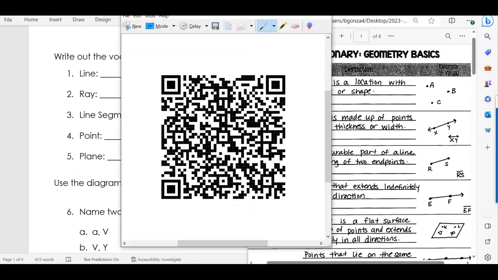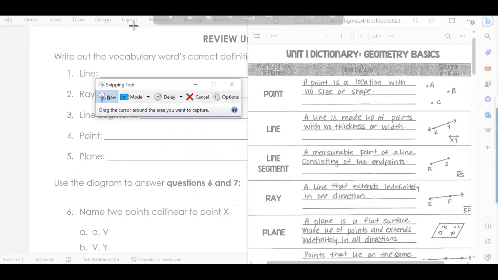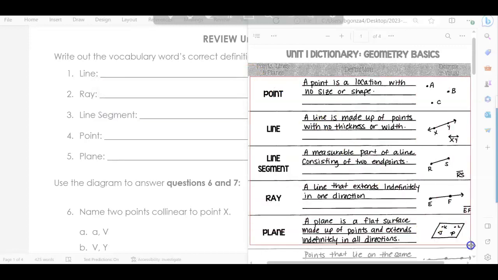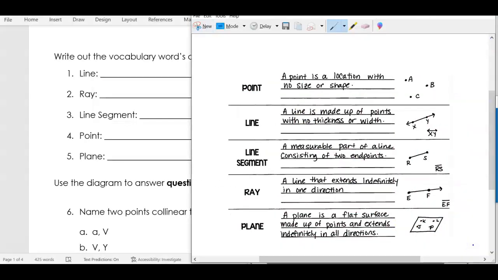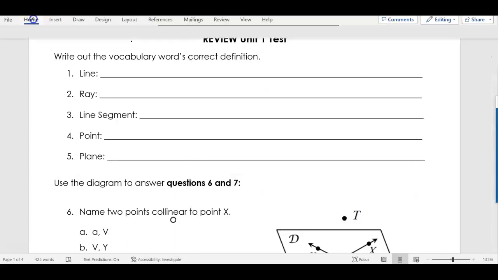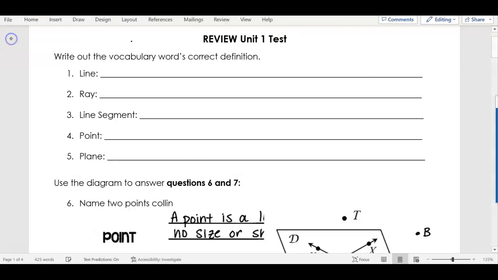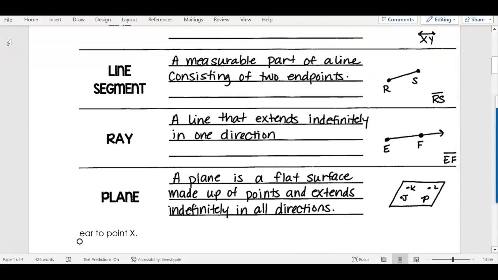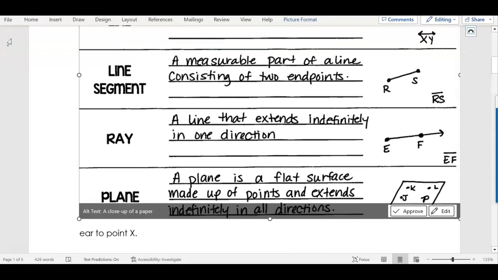So all of this is exactly what we went over.